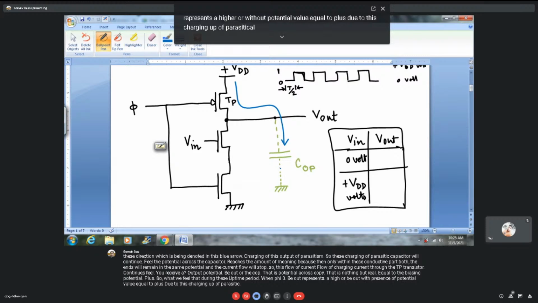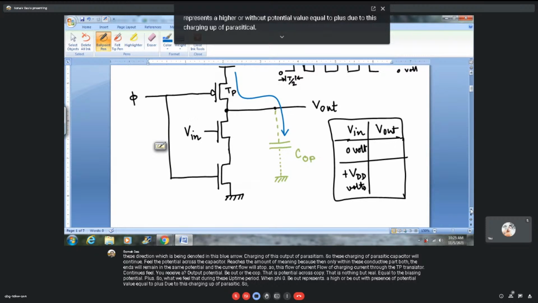So we can segregate the circuit analysis into two phases.